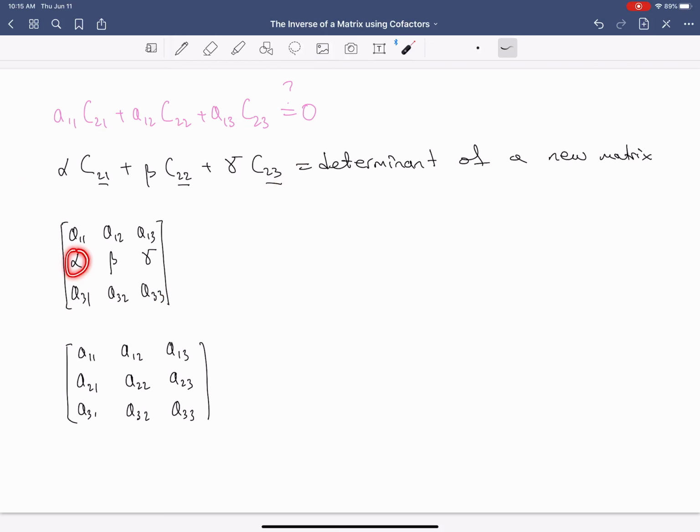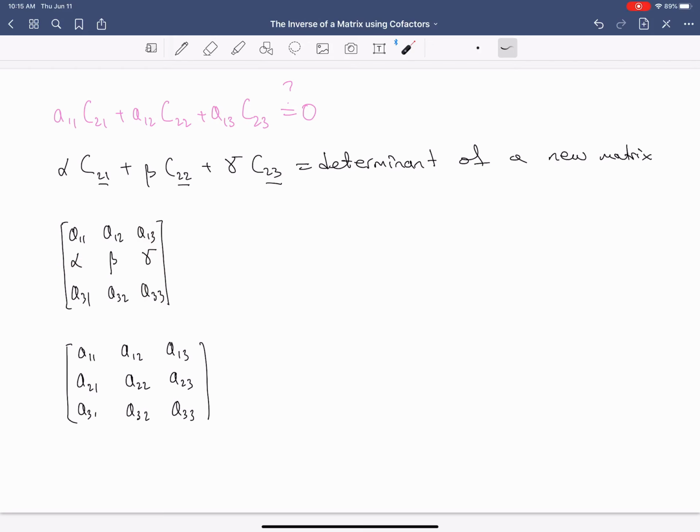I would get alpha times the corresponding cofactor, which is exactly C21, plus beta times the corresponding cofactor, which is exactly this. So they correspond to what is in the matrix A. And then gamma times this cofactor.